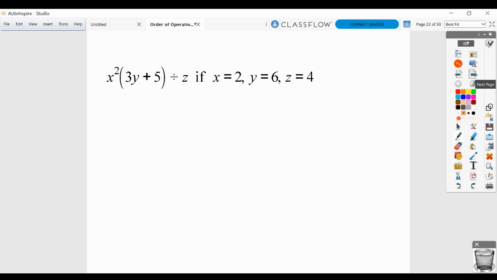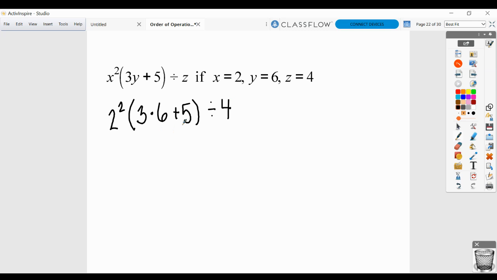Okay, the next one is x squared times (3y plus 5) divided by z, if x equals 2, y equals 6, and z equals 4. So let's substitute: 2 squared, y is 6, and then z is 4.